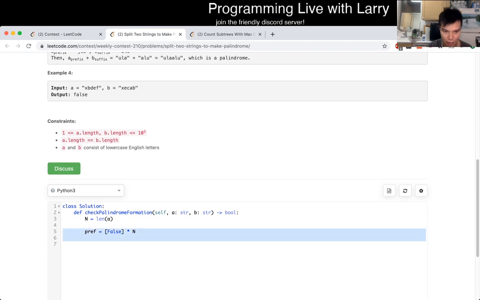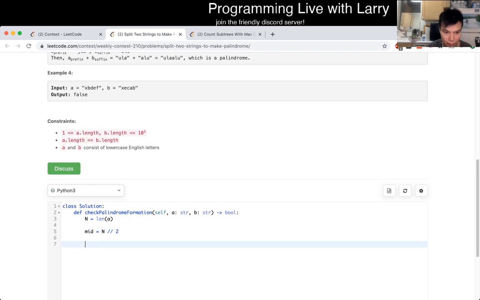Okay. It's not really DP per se, but no, that's okay. Eh. While a of minute is equal to a of minute. Okay.